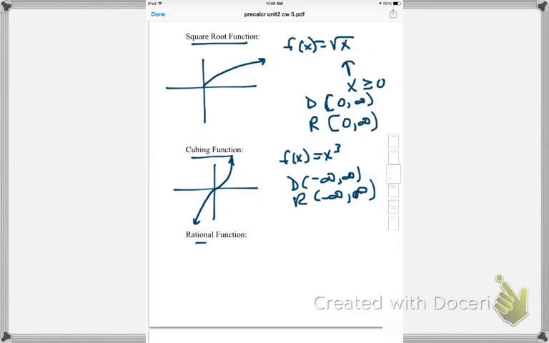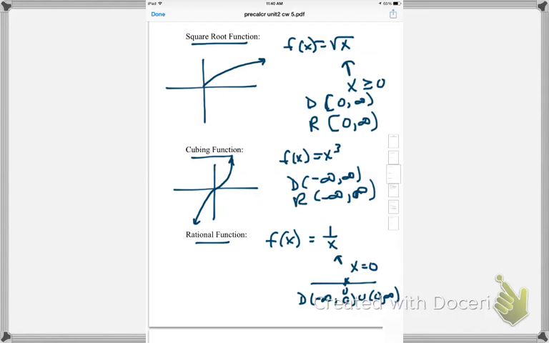And last, we have the rational function. Now this we started to take a look at in our domain restrictions when we have a fraction, because in a denominator, this denominator cannot be equal to 0. So we took the 0 out of your number line, and we would have a domain of negative infinity to 0 and 0 to infinity.